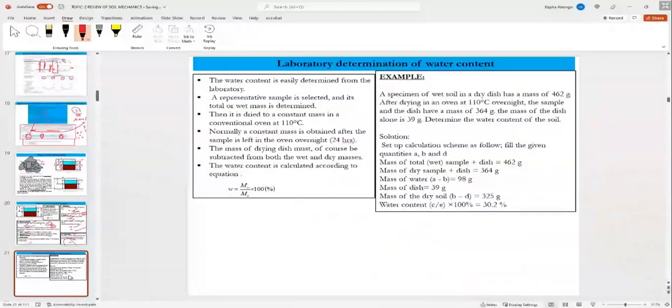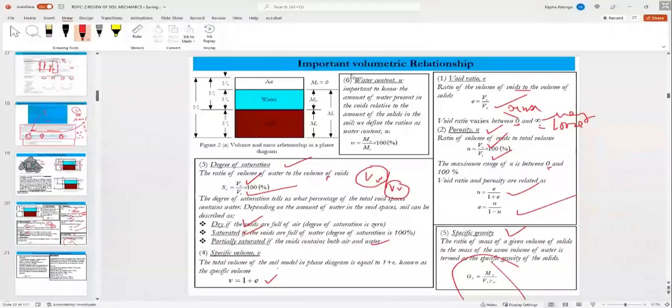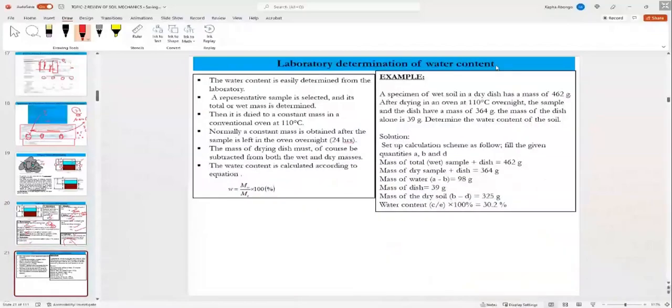Now, I talked about other things such as water content, the mass of water to the mass of solids. Determination of water content in the lab is easy. You take a dish and get its weight, M1.